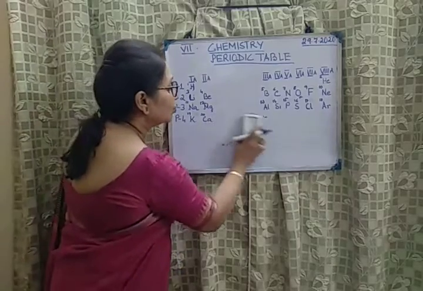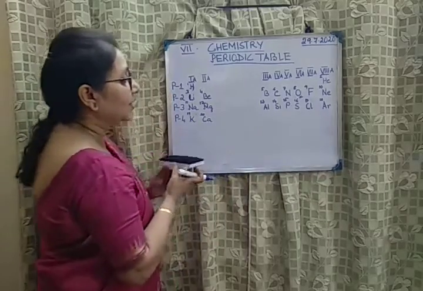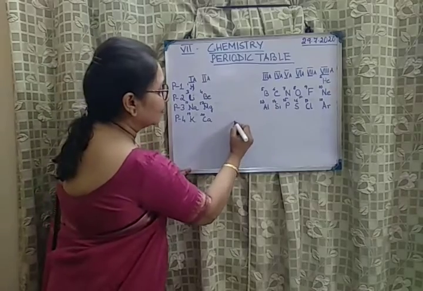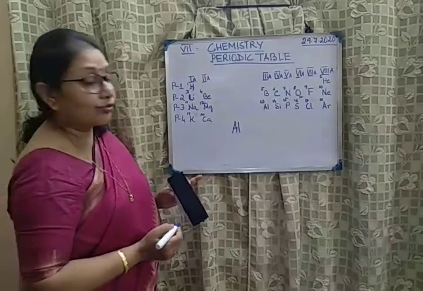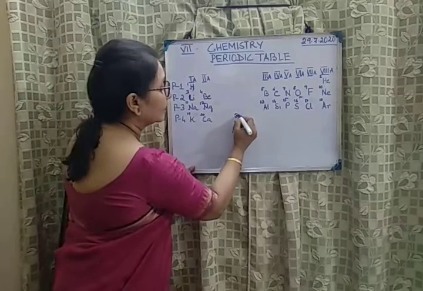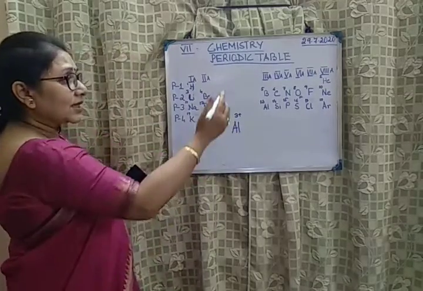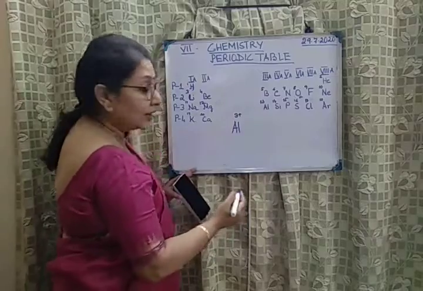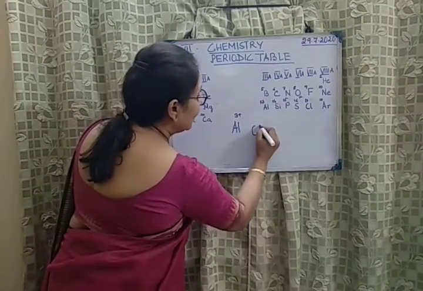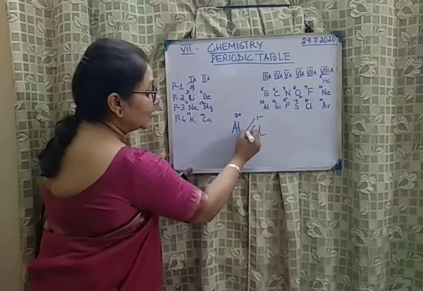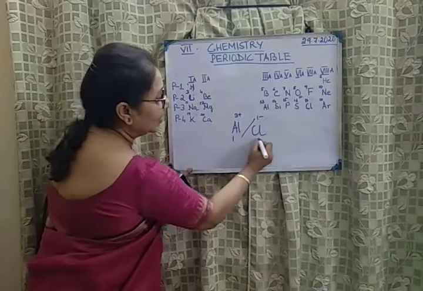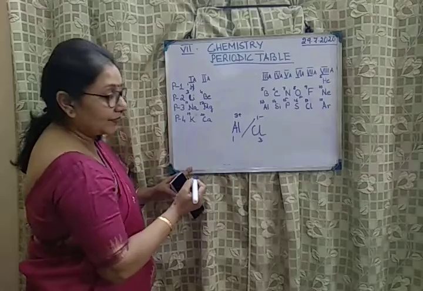One more we can do with a different combination. If you take aluminium. Aluminium is an element with valency 3. Let's combine it with another known one, that is Cl we take, which is having valency 1 minus. So if you interchange, we are getting 1 here, 3 comes here.